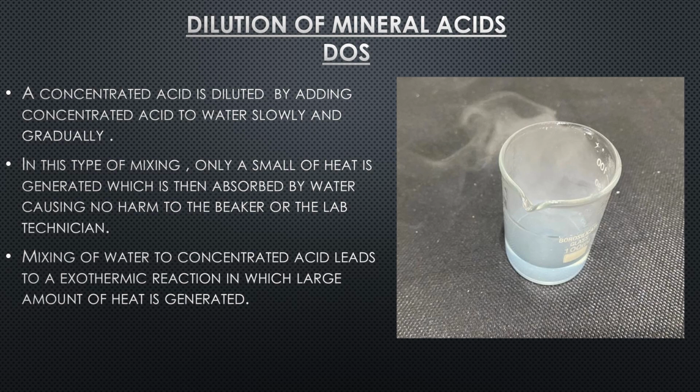When you want to dilute the acid, you have to add acid to water. Then a very little amount of heat will be generated and it will cause no harm to us. So this is the process.